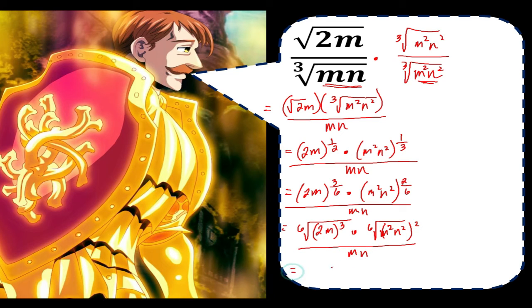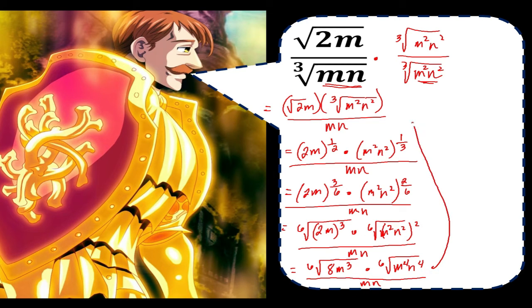Then, we can have the 6th root of 8m cubed multiplied to the 6th root of m raised to 4 n raised to 4 over mn. Then, for the continuation, we have the 6th root of, multiply the radicals inside the radical sign.